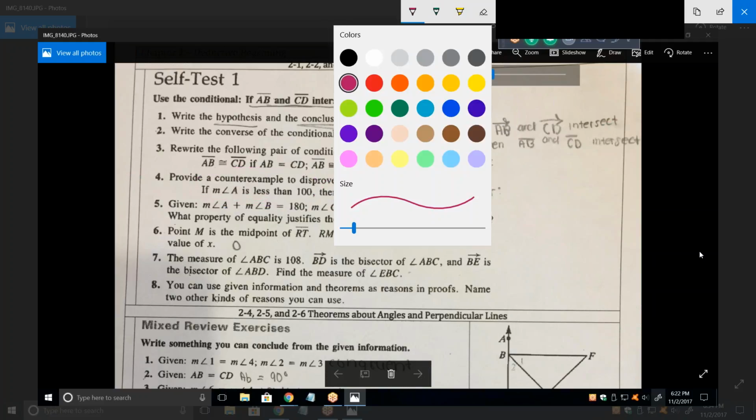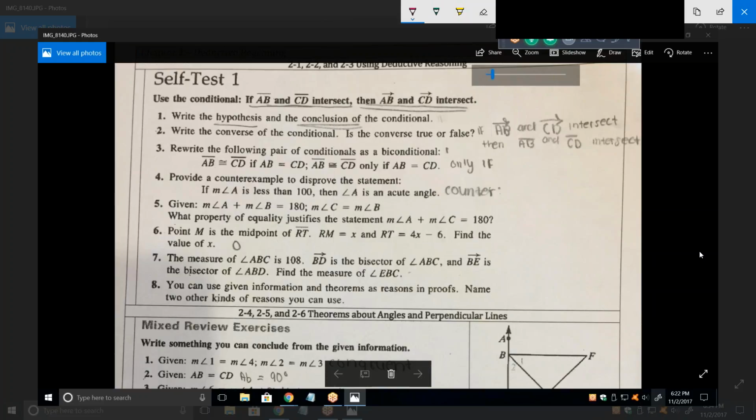Number 5. Okay. What property of equality justifies the fact that angle A plus angle C equals 180?